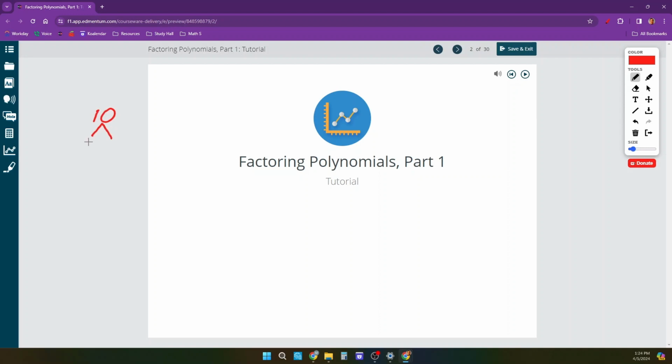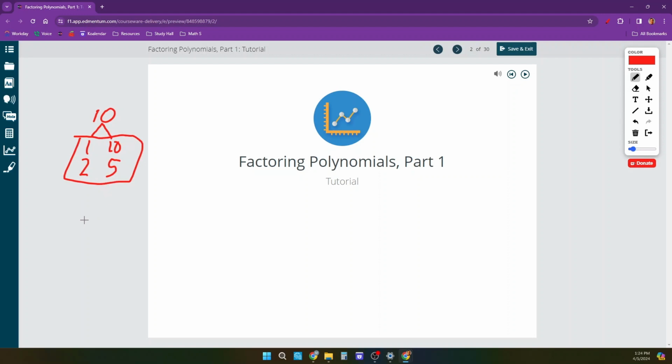So I could say I factor 10 into 1 and 10, because 1 times 10 is equal to 10. Or more meaningfully, I could also break it up into 2 and 5. So I have factored 10, and these are the factors of 10. 1, 2, 5, and 10 are the factors of 10.